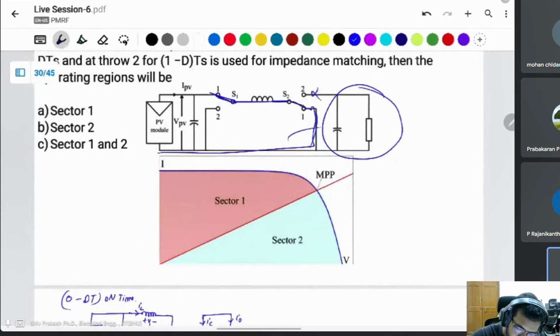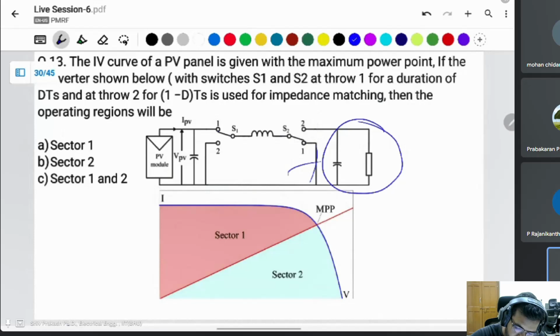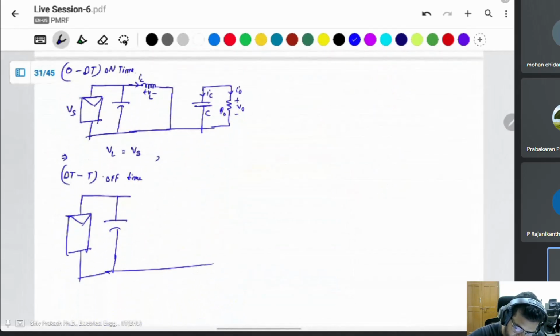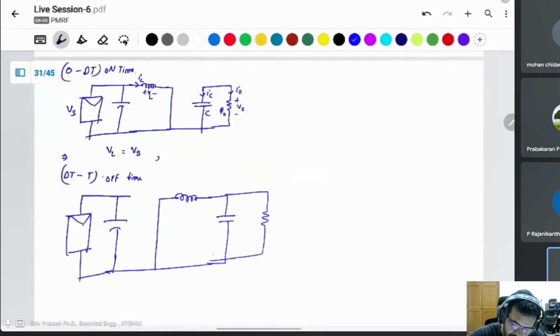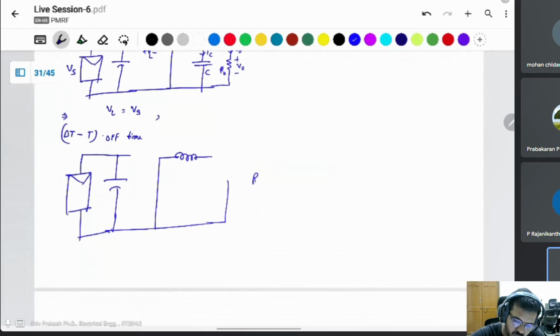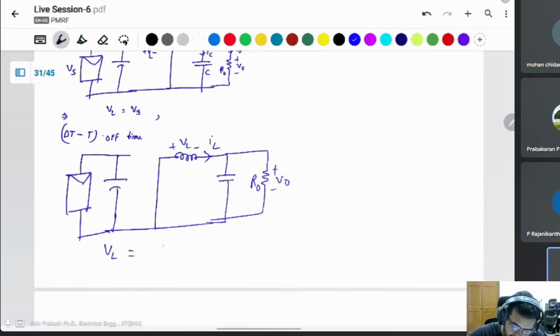For the second time, this is connected to here, this will be out of the circuit, and the circuit is completed from this. In this condition, what is VL? VL will be minus Vo.